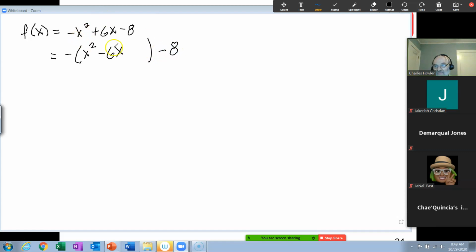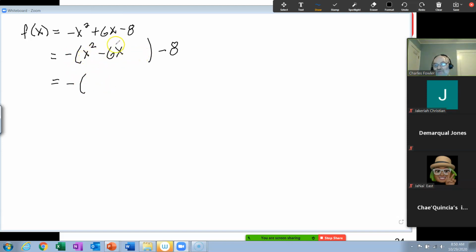Now, that's the same form as this. It just looks a little different. If you multiply through, you get minus x squared plus 6x minus 8. We haven't changed anything but how it looks, okay? Next step. Leave that minus there. You factored that out. Now, what we're going to do is complete the square of this term.